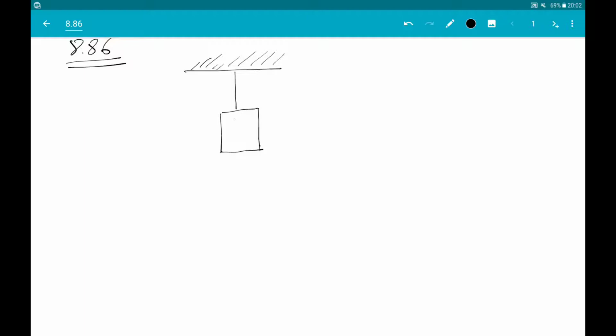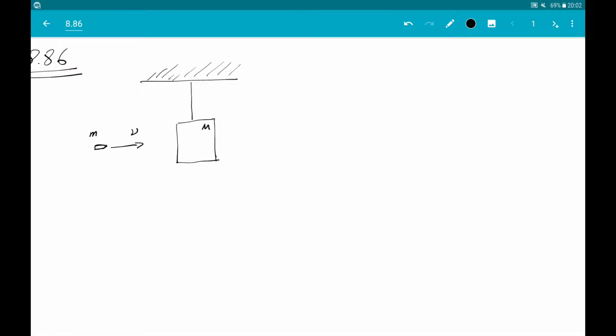First of all, let's draw a block and give it the mass m. And then here's a bullet. I'm going to draw it sort of far away from the block. I'll give that a mass little m and a velocity v.